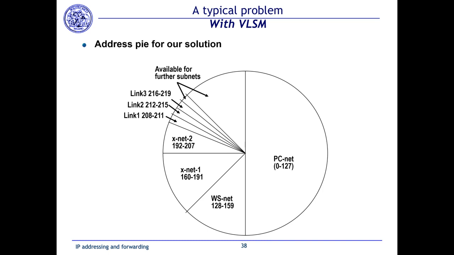So in the first subnetting, we started with slash 24, and we added 1 bit to create the first network for /25. This means that the space was split in two parts. One was assigned to the LAN called PCNet. The other one was available.